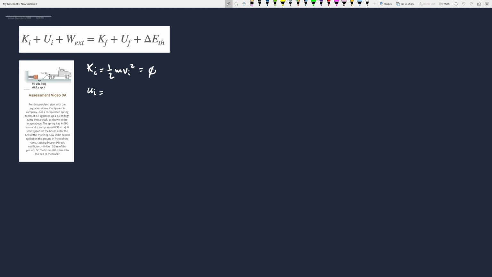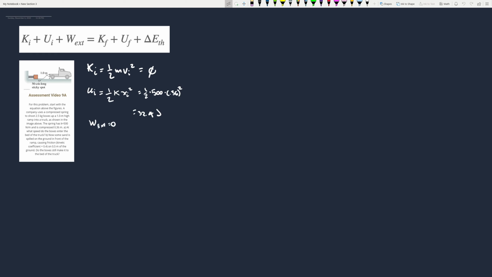Since it's a spring, it's 1/2 times the spring constant times the distance it's compressed squared. That's 1/2 times 500 times 0.36 squared, which gives us 32.4 joules. And since there's no external force on it, we can just set work external to 0.